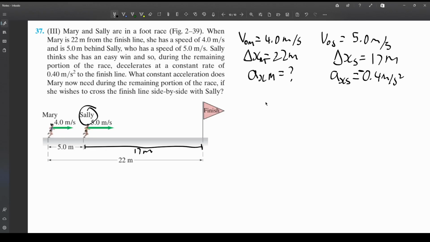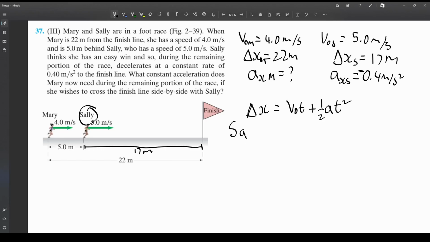That means the time it takes to reach the finish line should be the same. Therefore, if we take the equation delta x is equal to v naught t plus 1/2 a t squared, we can solve for time and then use it in Mary's equation.